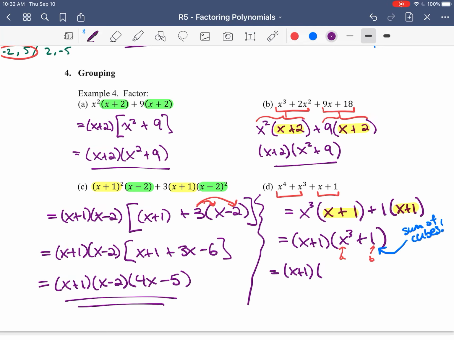So the formula says it should be a plus b, so x plus 1, times a squared, so that's x squared, minus a times b, so x times 1, plus b squared, so 1 squared. Okay, so now x plus 1 times x plus 1, this is x plus 1 squared. And then in this other bracket, I'm going to have x squared minus x plus 1. And that actually doesn't factor any further. So we can leave it like that.